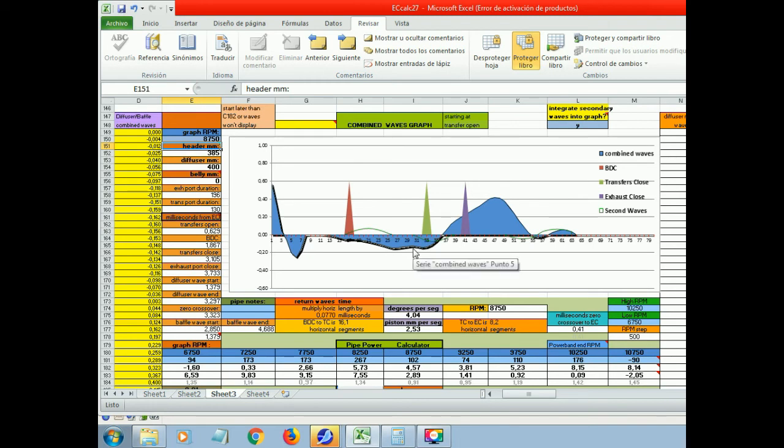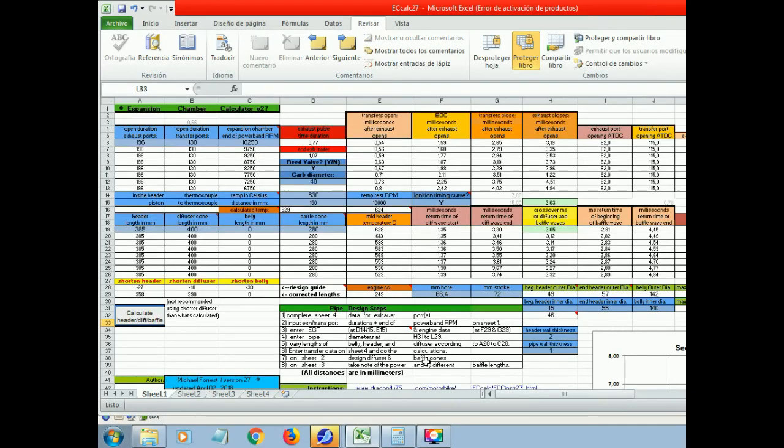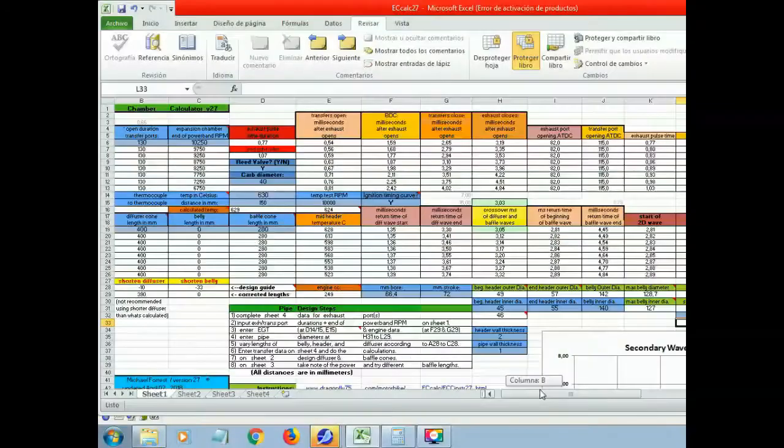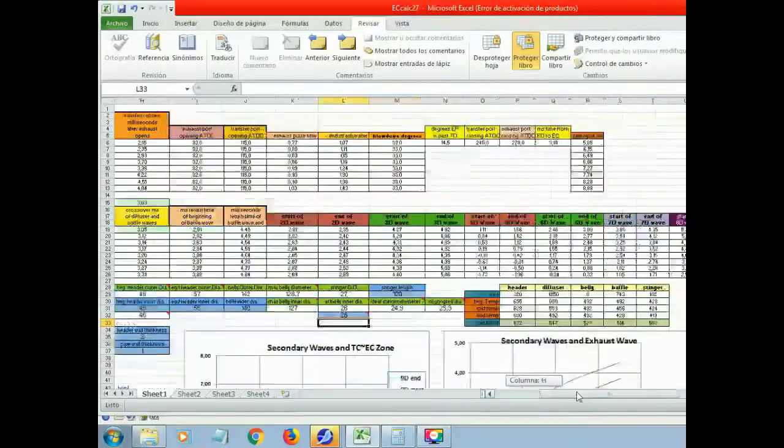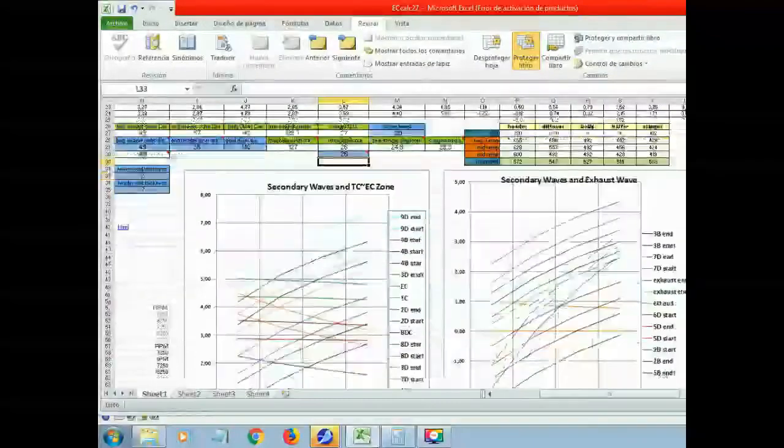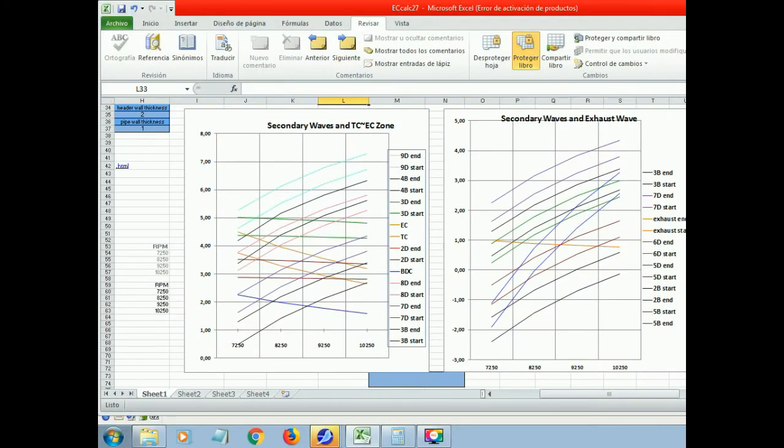But that's not real bad, so I'm going to look on sheet 1 at the charts here. See if I can figure out why it's losing strength there. This orange zone is the beginning of the exhaust pulse, and this is the end of the exhaust pulse. So that 0 is exhaust port opening, and then the time goes on.